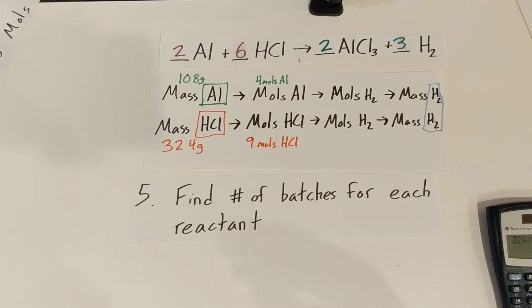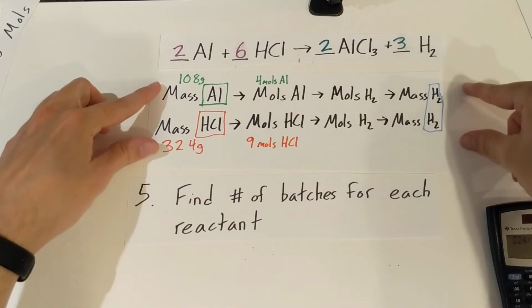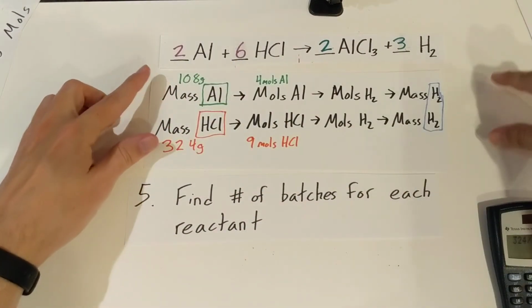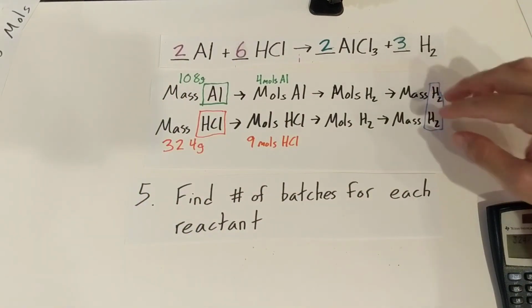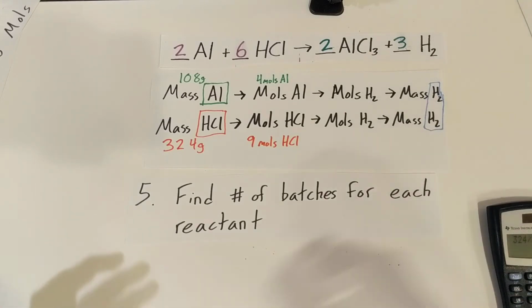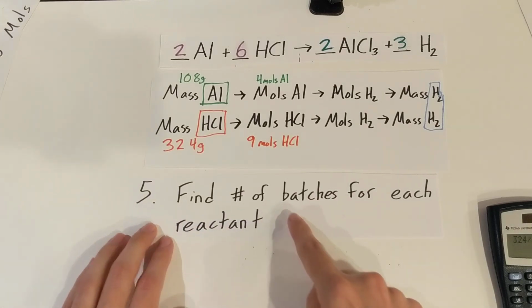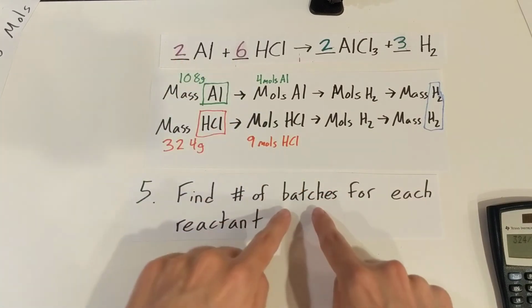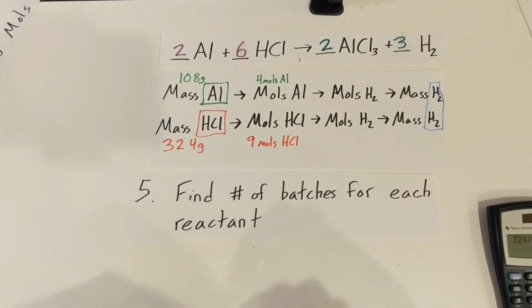We're looking to find our limiting reactant so that we don't have to take both of these all the way to the end. If you want, you can. And you could figure out which one makes less mass, and that'll be your limiting reactant and your answer. But we don't want to do all the math to do that. So we're going to find out which of these makes less batches, and that will be our limiting reactant, and that's going to be what we go through the rest of these with.